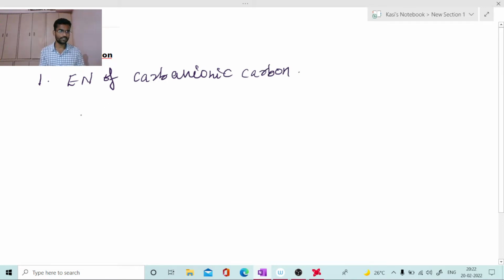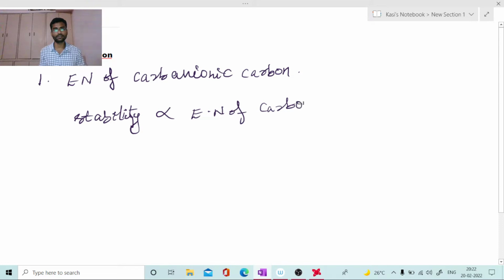The stability of the carbanion is directly proportional to the electronegativity of the carbanionic carbon.